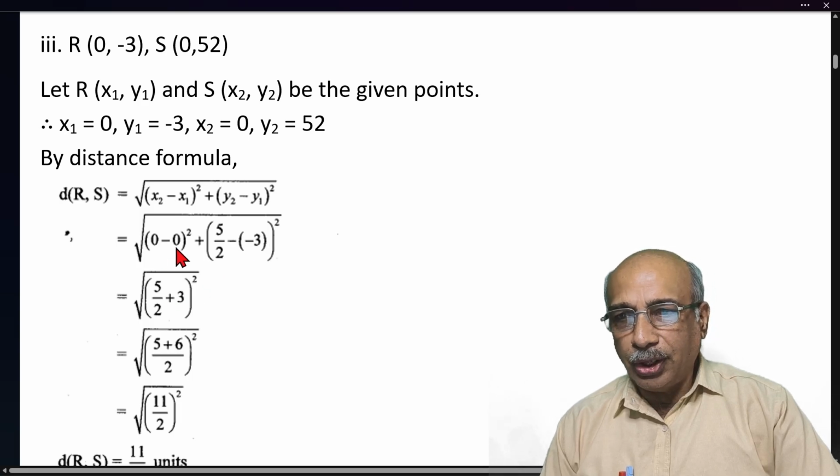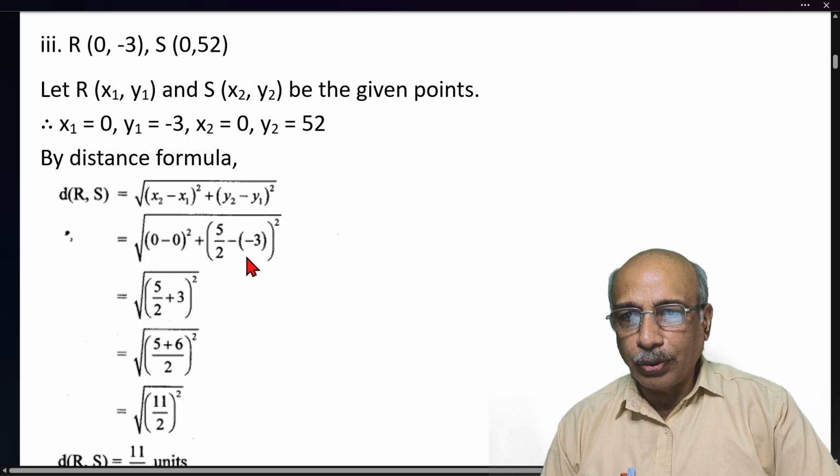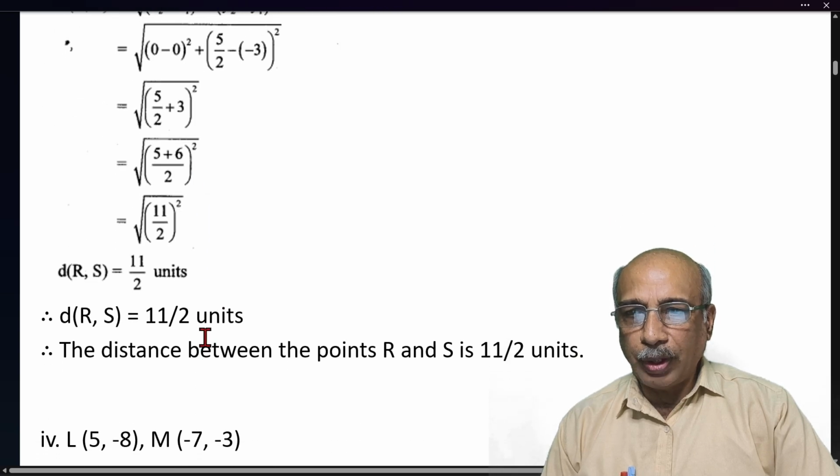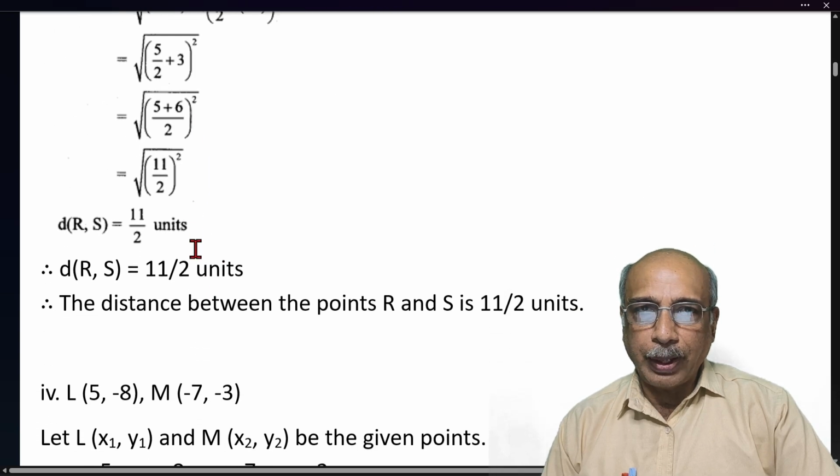So (0 minus 0) whole square plus, in another bracket, (5 by 2 minus (minus 3)) whole square. So here 0 minus 0 will be 0 only. So only the y coordinate will be here. 5 by 2 minus minus 3 will become plus 3, whole square. Taking LCM here, (5 plus 6) upon 2. That is (11 by 2) whole square. Root of (11 by 2) whole square.